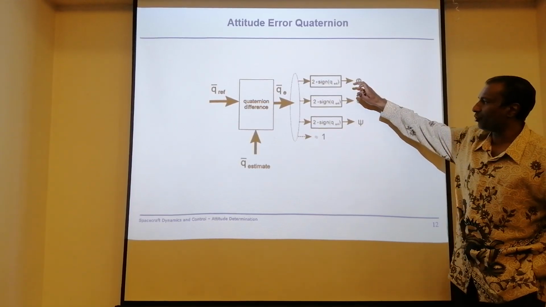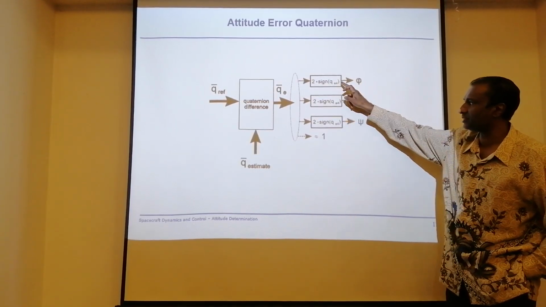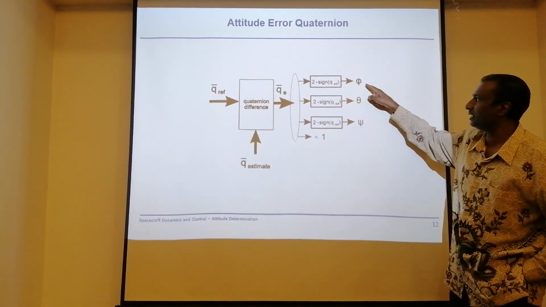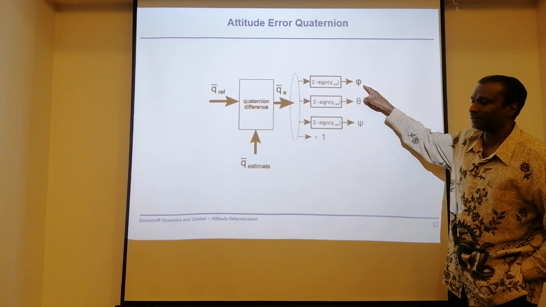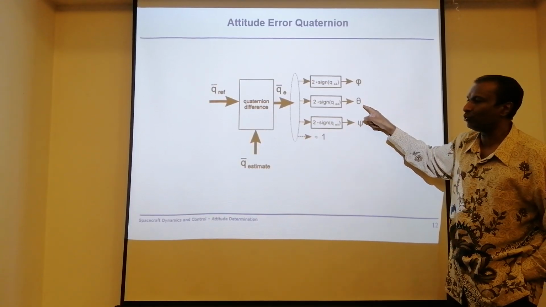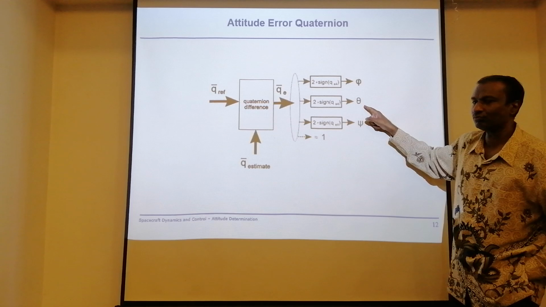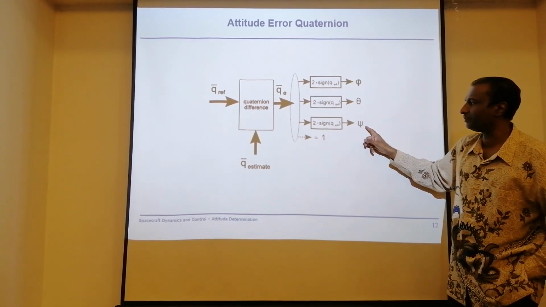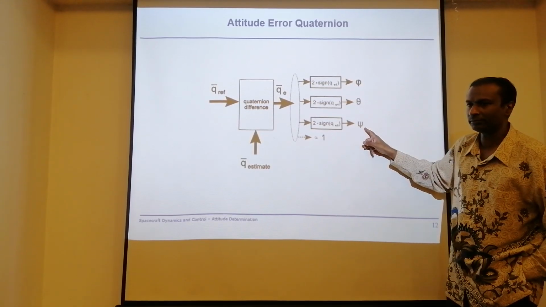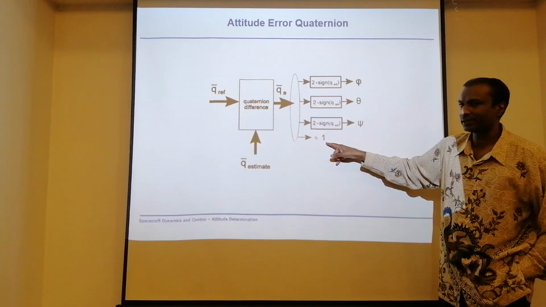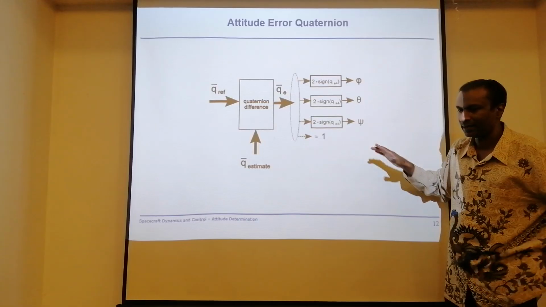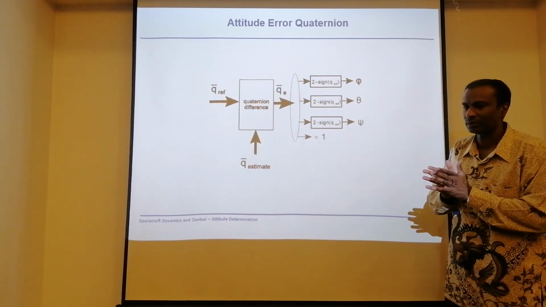Your Q1, Q2, Q3: Q1 is roll over 2, Q2 is pitch over 2, and yaw over 2 as well. And the fourth axis, Q4, is equal to 1, which means that they are almost parallel already.